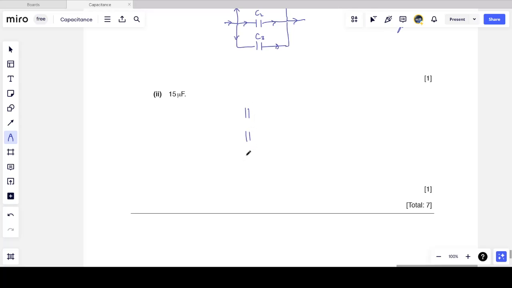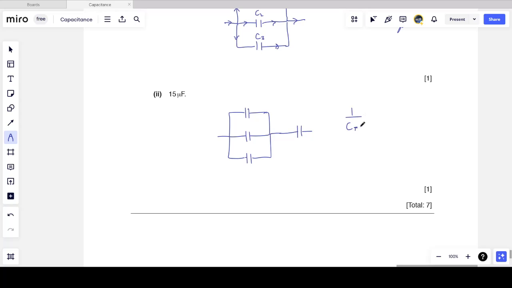So again, this is a little bit of trial and error. And you'll find that what works is taking 3 capacitors, putting them in parallel, and getting an equivalent capacitance of 60 microfarads like we did before. But then in series with this parallel connection, I have the last capacitor.